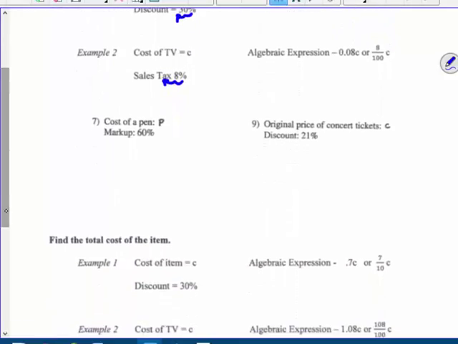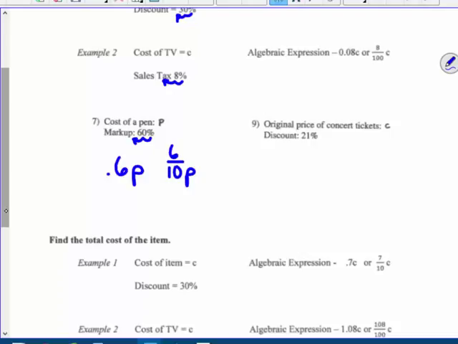The cost of a pen is P, and its markup is 60%. So that percent changed to a decimal would be 6/10 P. That's my expression. 60% times the cost of the pen. Yes, I could do 6/10 P this way as well. Either way.